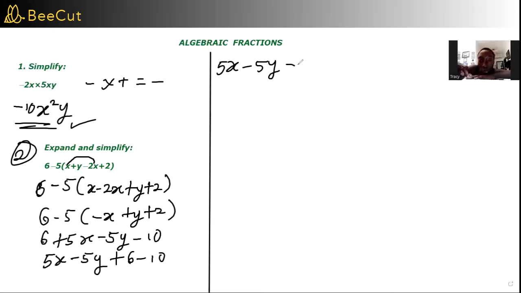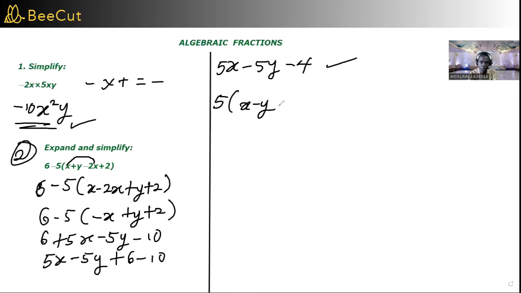Minus 4. So minus 4. Then I can still factorize this one, or either I leave it like this, and say 5 is common to this side. So I have 5 into x minus y and minus 4. That's my final answer. So if it's an objective, you don't see the first one, see the second one.